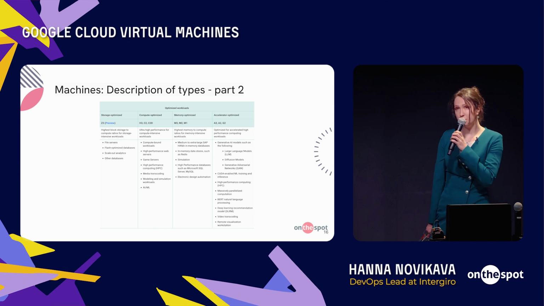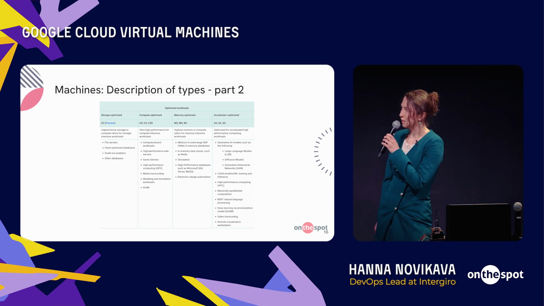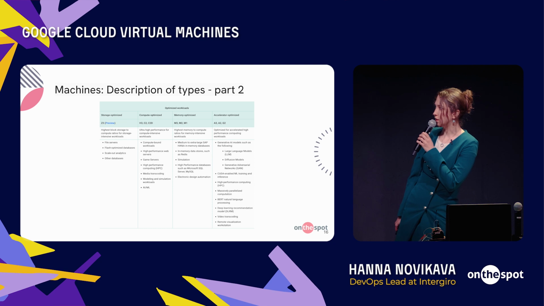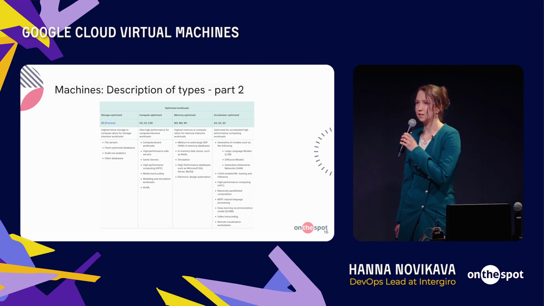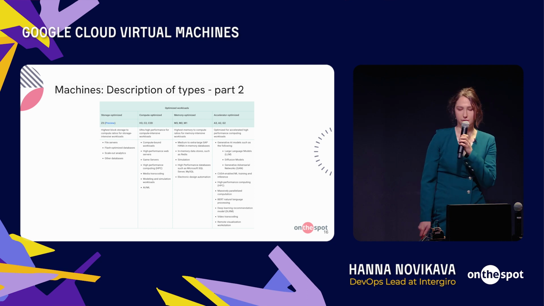Also, we have memory optimized for analytics and databases, and accelerator optimized virtual machine types with GPU, for ML, machine learning and other such services. We'll talk later more about these types.